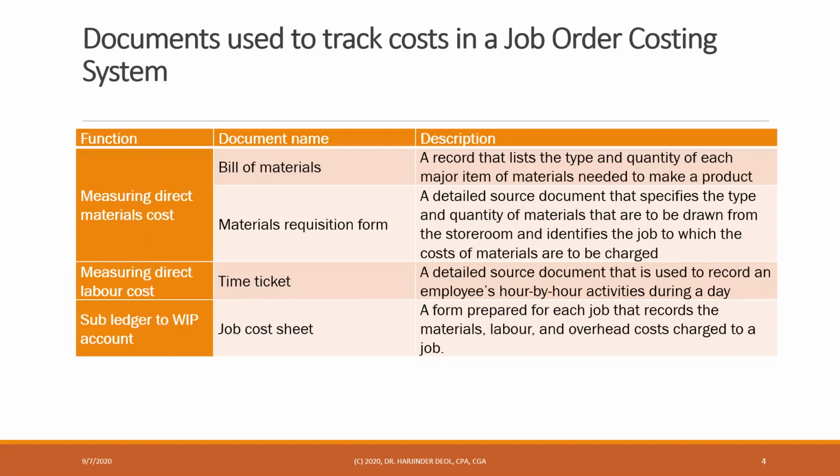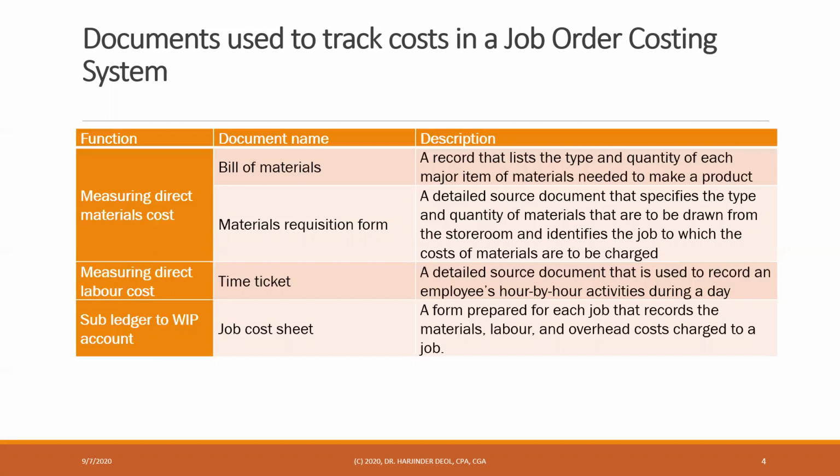A materials requisition form, on the other hand, is a detailed source document that specifies the type and quantity of materials that are to be taken from the storeroom and identifies the job to which the cost of those materials are to be charged. Essentially, it helps keep track of how much of various types of materials were used for a given job.